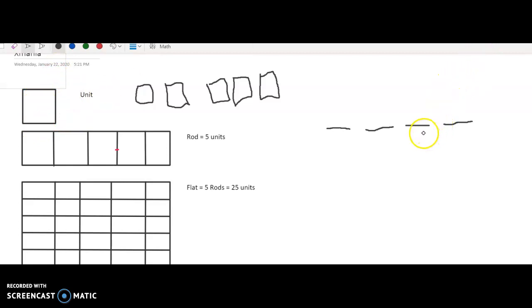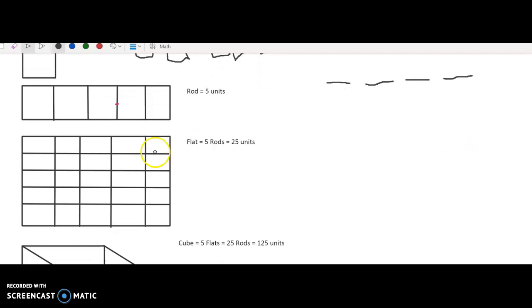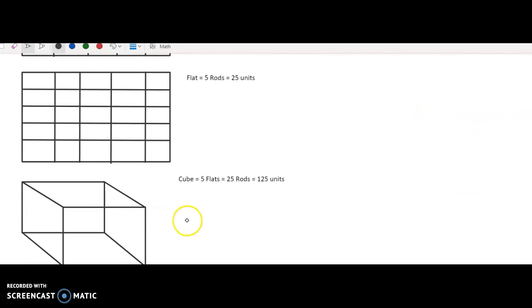The second place value is the rod. The third place value is the flat, the one that looks like rods stacked on top of each other. And then the fourth place value we have as this cube, which looks like 5 flats on top of each other.